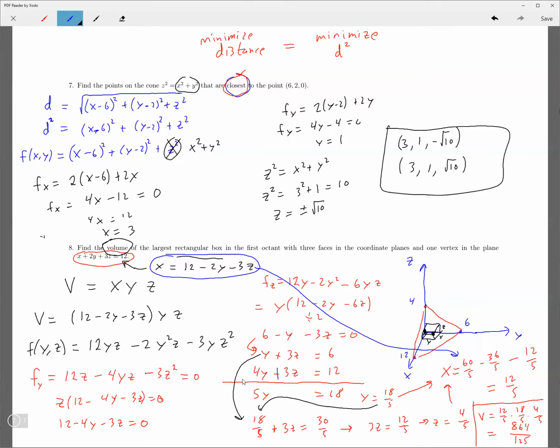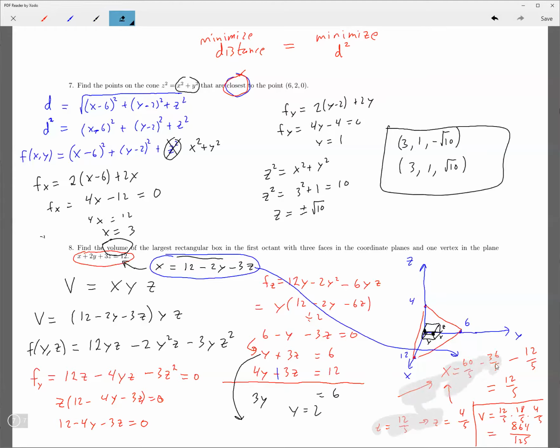Let me take this equation and subtract that equation from it. That's going to give me 3y equals 6. Whoa, y is 2? That would have been a lot easier.